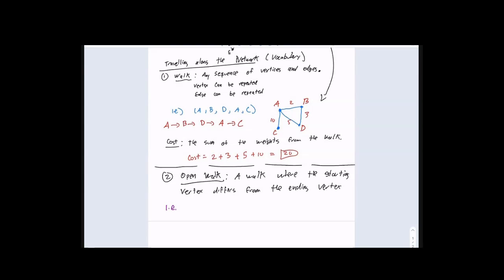Why? Can you clarify why the above example is an open walk? I mean, nothing's stopping it. Why is this an open walk?